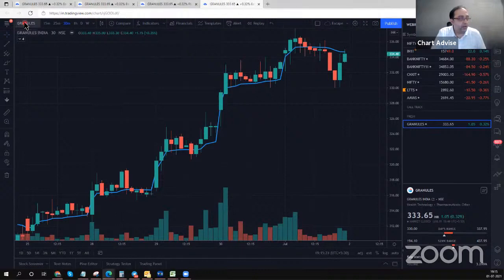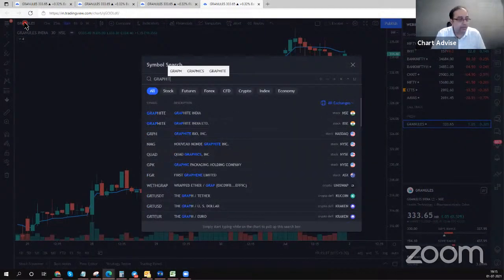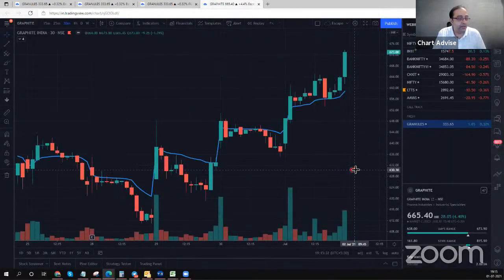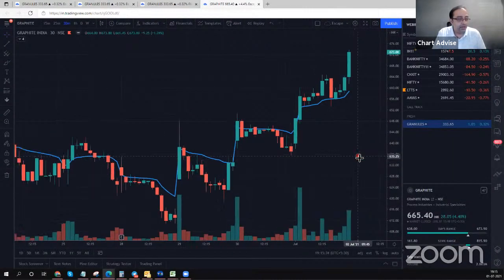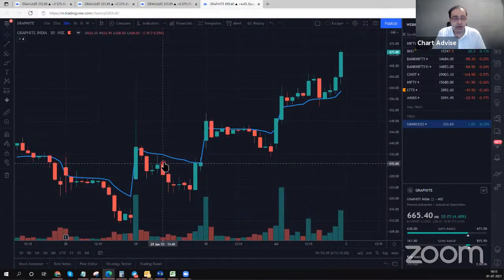So let's see on Graphite and take a look at how this stock is shaping up as far as the VWAPs are concerned. So yes, you can see here that based on the VWAP theory which I shared with you, it was not doing so well.